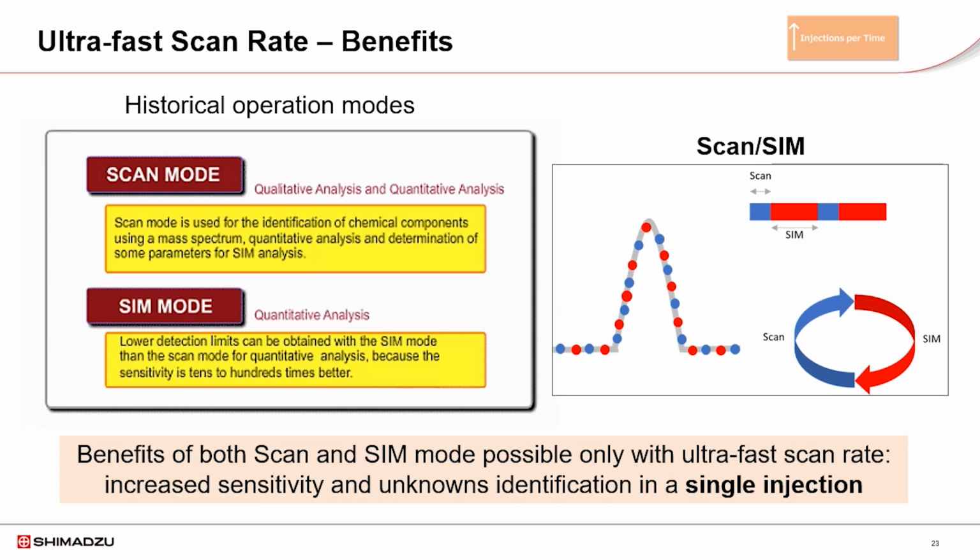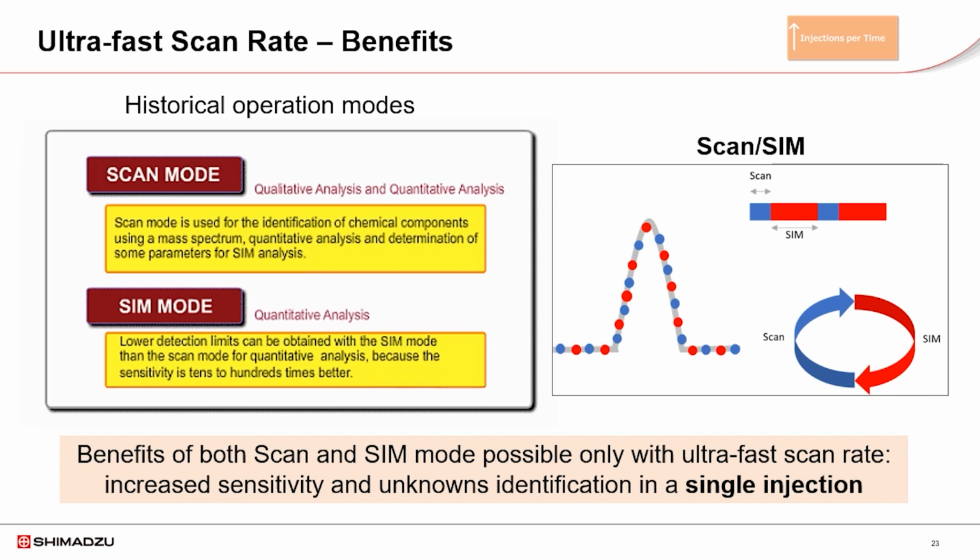Scan results include all the information from the sample, but are easily affected by matrix or contaminants, so sensitivity is so-so. On the other hand, SIM is suitable for quantitative analysis, and it shows 2 to 5 times lower reporting limits than scan analysis. So some applications use a SIM approach for routine sample analysis.